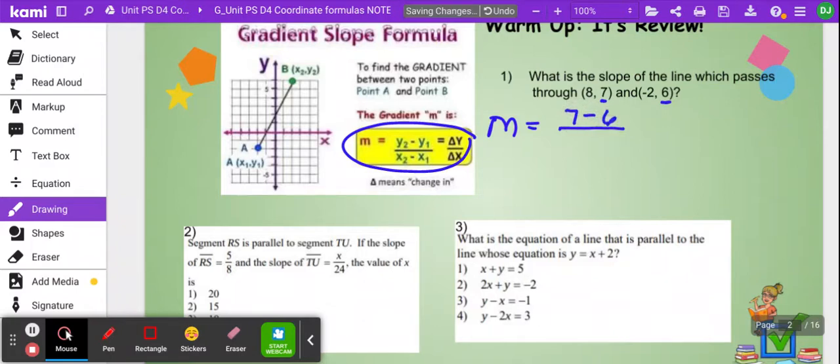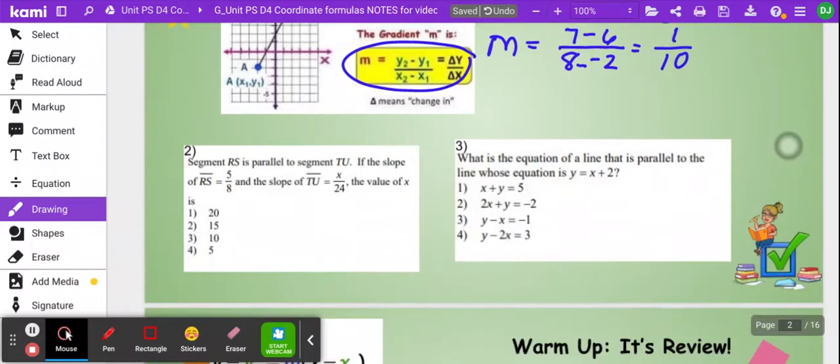And then if I underline the y's, then I know the remaining numbers must be my x's. Don't drop the -2. It's 8 minus -2. We're always finding the difference between those numbers. You can put this in your calculator, use your alpha y equals fraction bar, and if you do that, you should have gotten 1/10.